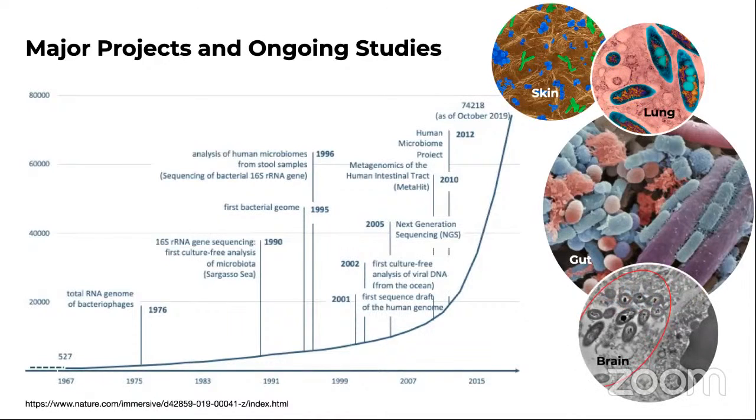These are huge studies that involve many thousands of samples that have been made possible through advances in metagenomic sequencing. As a result, we now know about skin, lung, gut, and even brain microbiota that is starting to be characterized, and we can start studying variation associated with specific conditions and disease.